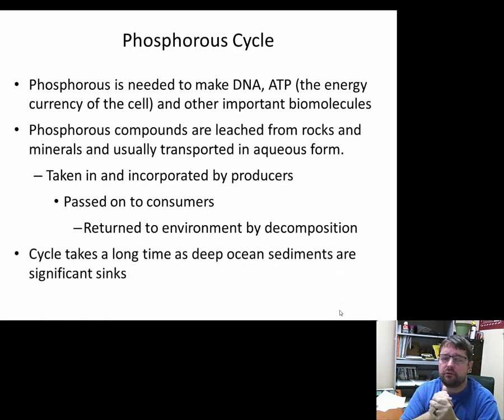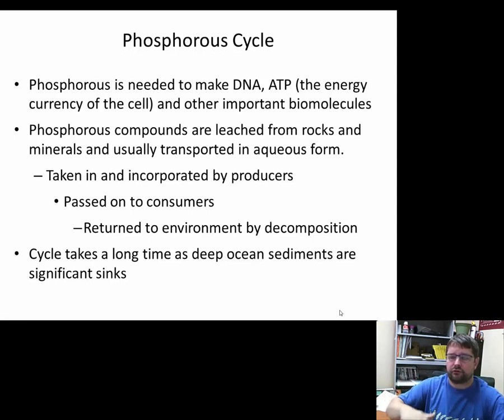Now, sometimes though, we'll get huge phosphorus sinks in the ocean, and occasionally you'll get a big impulse of phosphorus out of the sink of the ocean.